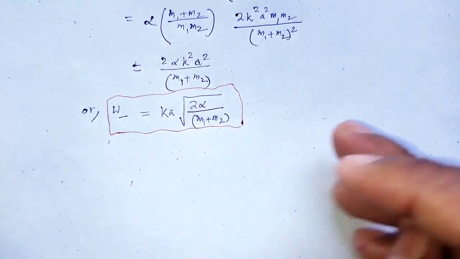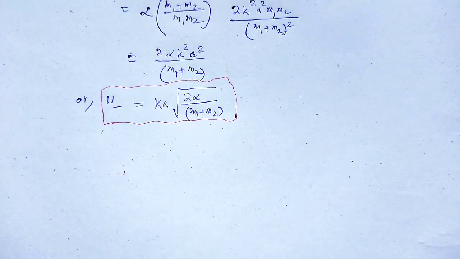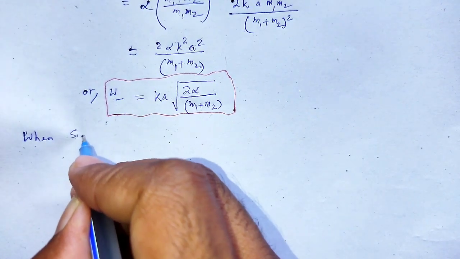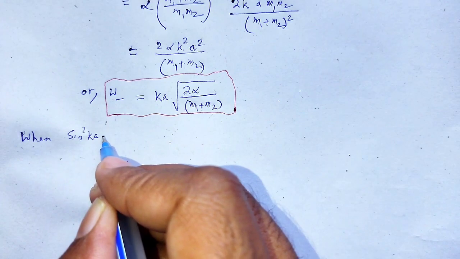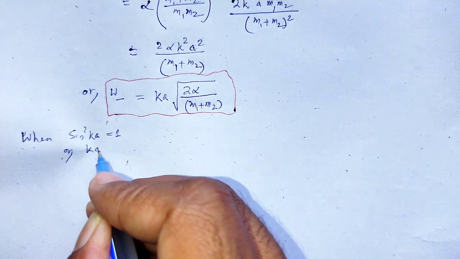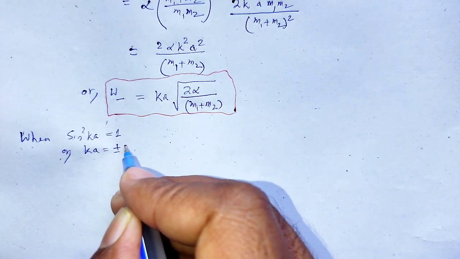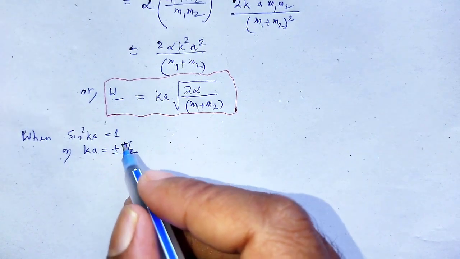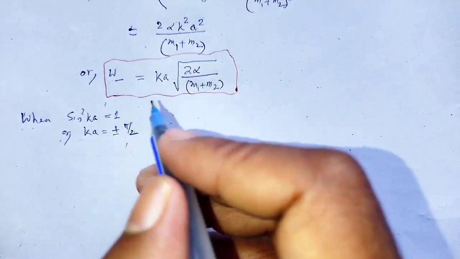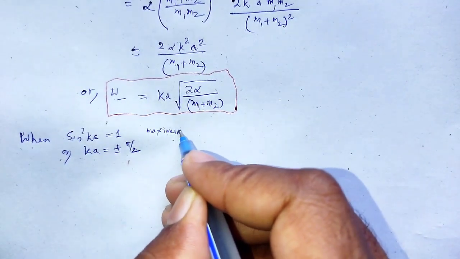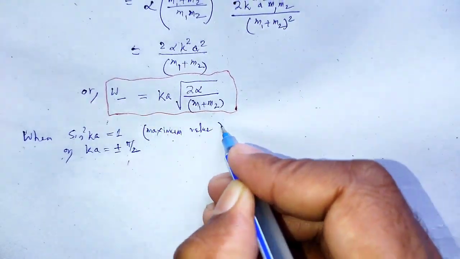Okay, looking at that situation, when sin²(ka) is equal to 1, therefore ka is equal to plus minus pi by 2, sin pi by 2 is equal to 1, that is for the maximum situation, that is the maximum value.